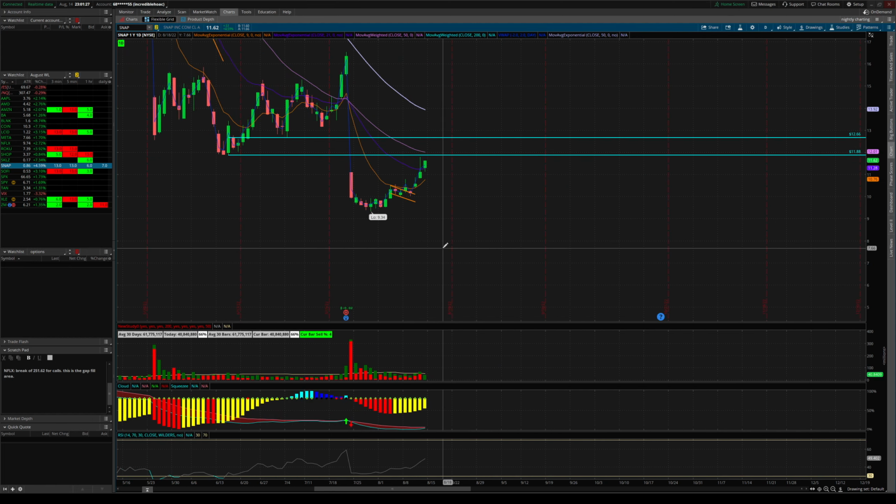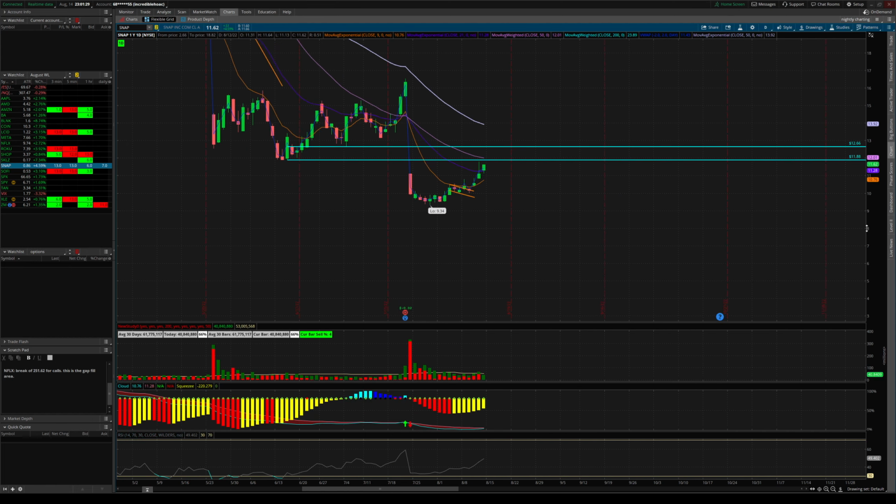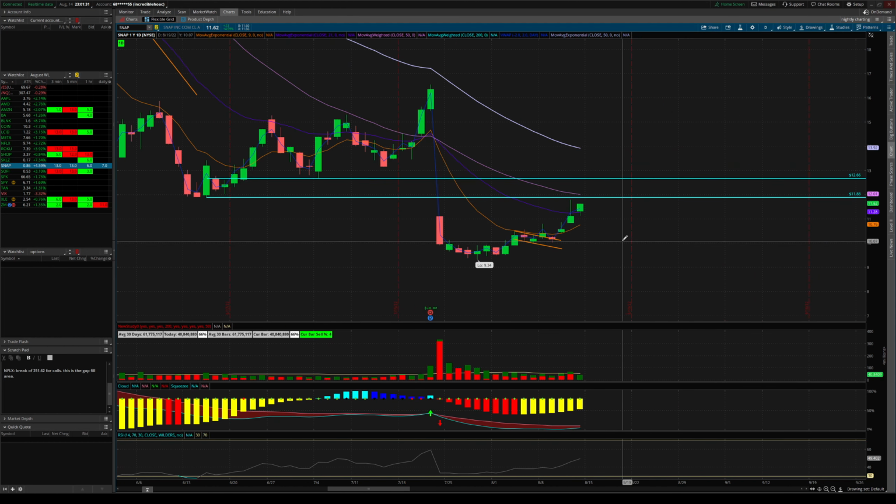Yeah, this one's not too bad because it's not overextended. You can see that the TTM is curling up as well as RSI, right? We're still at the 49 level on the RSI, so there's still room to the upside. So this one I actually will watch for a day trade.